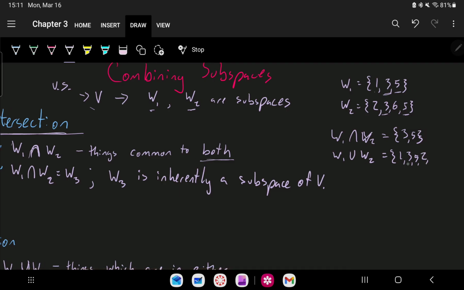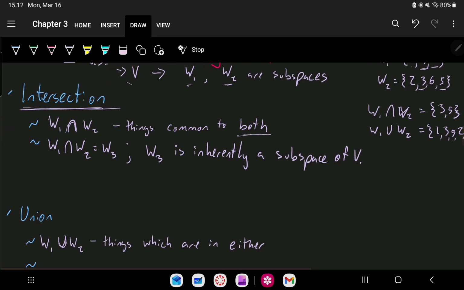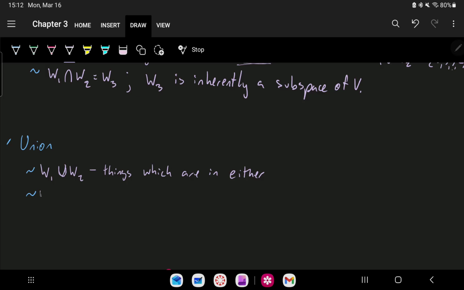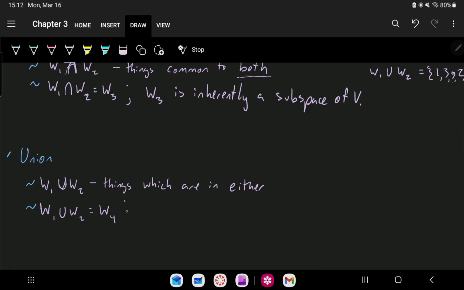We have 3, but I already have a 3 here, so I'm not going to add that again, but I don't have a 6 yet, so I'll add a 6. Similarly, there's already a 5 in this list, so we don't add it again. We just close the set. The result of this, let's say W1 union W2 is W4.